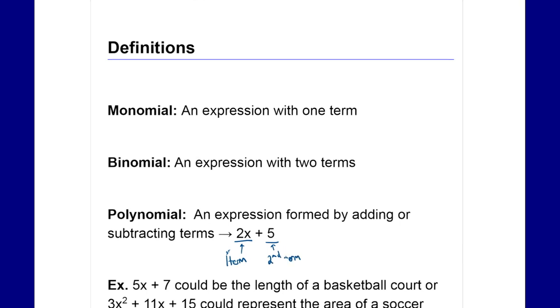So a term can consist of a value or a coefficient and a variable, or just a variable. So many different things, but it's when we separate by an addition or a subtraction that we see our different terms.